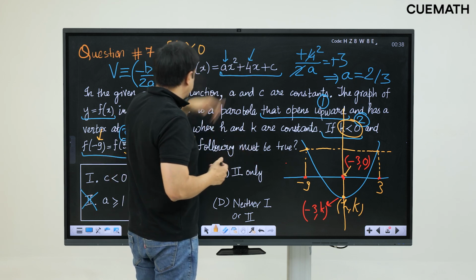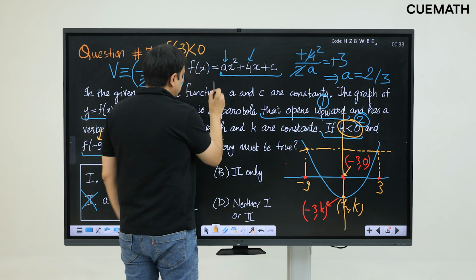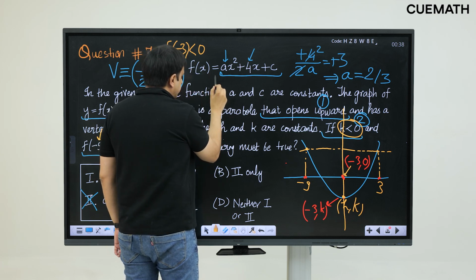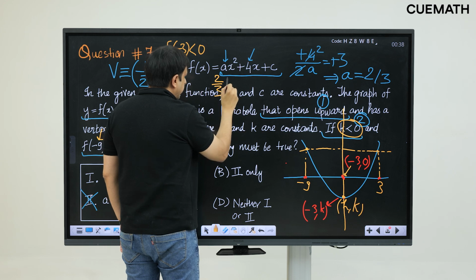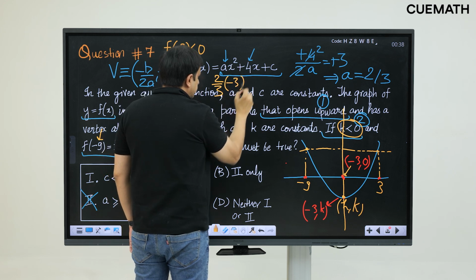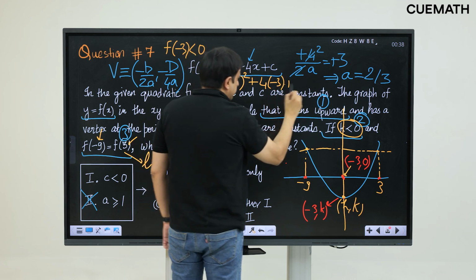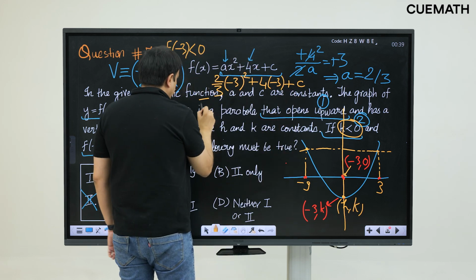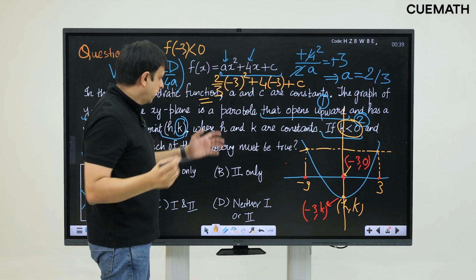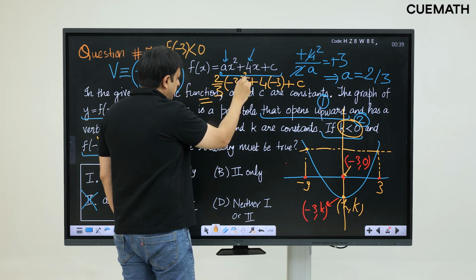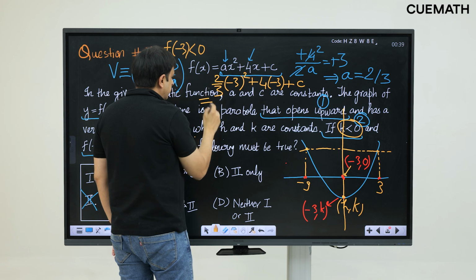So, let us do that. Instead of a, I will use 2 by 3 now. I will now calculate f of -3, which will be 2 by 3 times x square, which is -3 square, plus 4 times -3 plus c. I have run out of writing space, but I will just write it between the lines. So, -3 square is 9, 9 divided by 3 is 3, 3 times 2 is 6.